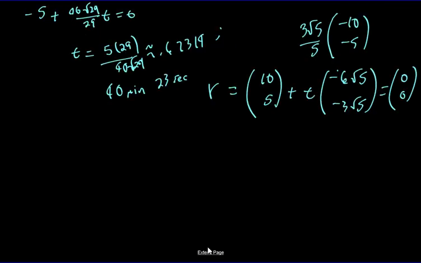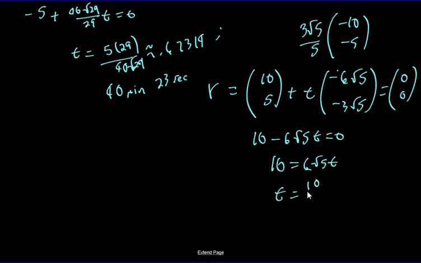And then I can do the same thing over here, and it would just be 10 minus 6 root 5 t equals 0, or 10 equals 6 root 5 t, and then t is equal to 10 over 6 root 5. And that's going to come out to approximately 0.745, if you put this in the calculator, and that's going to be 44 minutes and 23 seconds.